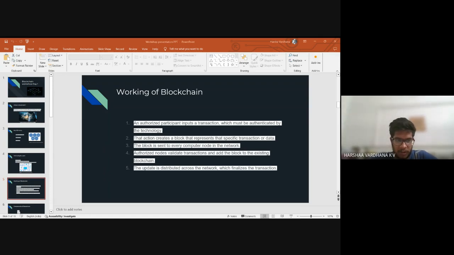Speaking of which, we see one of the important points: that action creates a block that represents a specific transaction or data. What we mean by this is, once the authentication is done, the transactions are bundled together with some other transactions to form a block.